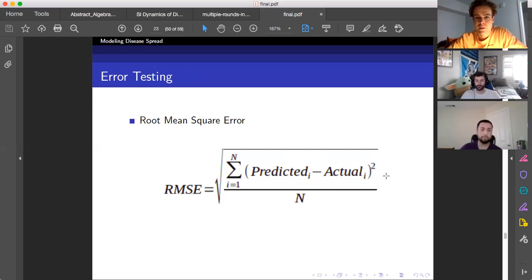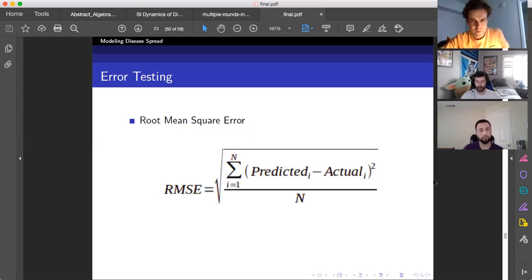So intuitively, you can just think the closer the model is to the simulation, the smaller this number is going to be, predicted minus actual. So the closer the root mean square error is to 0, which is good, the more accurate our model is against the simulation.